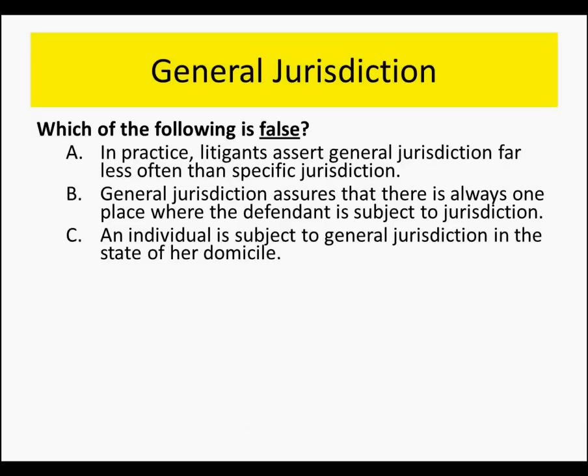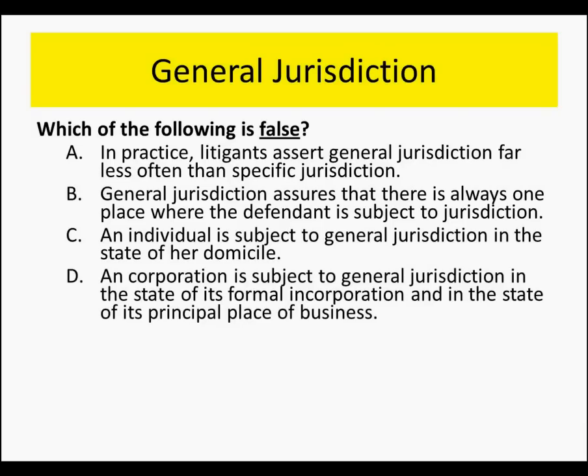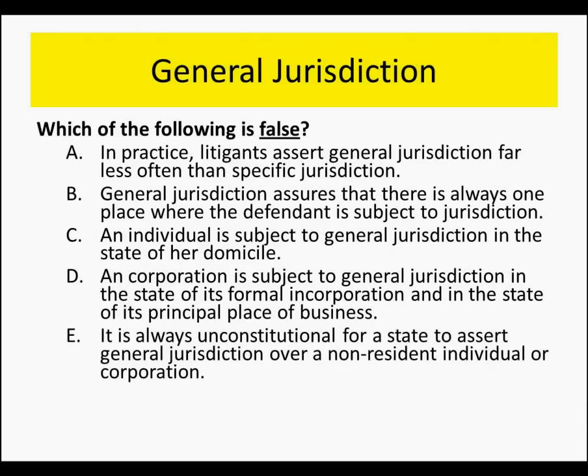C, an individual is subject to general jurisdiction in the state of her domicile. D, a corporation is subject to general jurisdiction in the state of its formal incorporation and in the state of its principal place of business. Or E, it's always unconstitutional for a state to assert general jurisdiction over a non-resident individual or corporation. So pause, answer the question, and then restart the video.